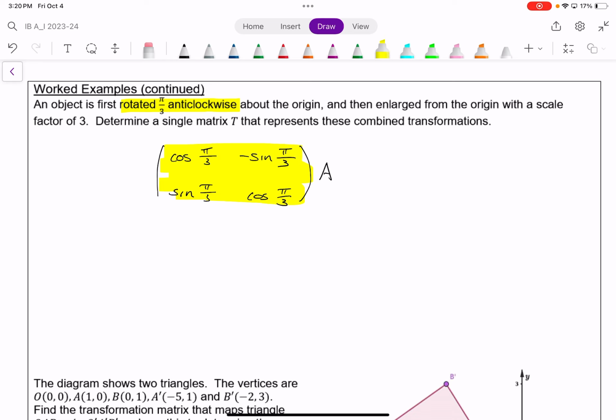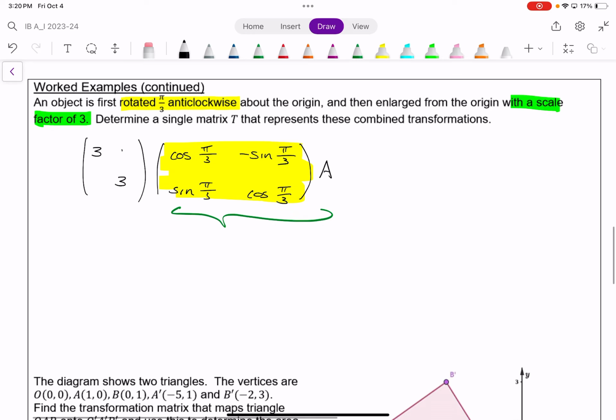However, after that, we then enlarge everything by a scale factor of 3. So once I have this figured out, we would then multiply all of that by the enlargement transformation matrix, which is very simple. When you have an enlargement by a scale factor of 3, it's just a diagonal matrix with 3 on the diagonal.